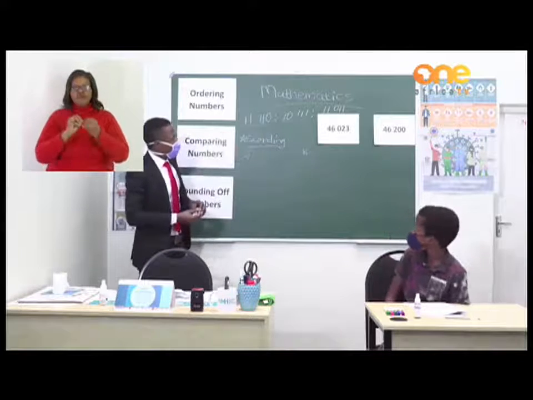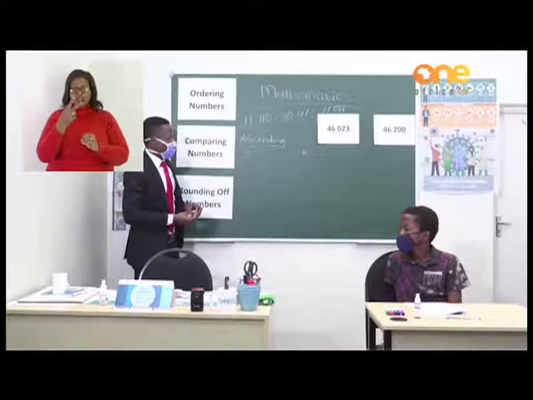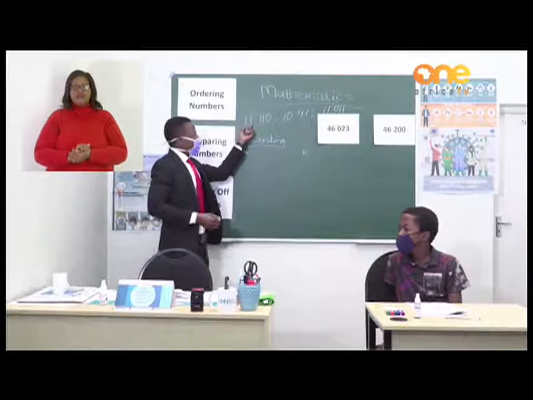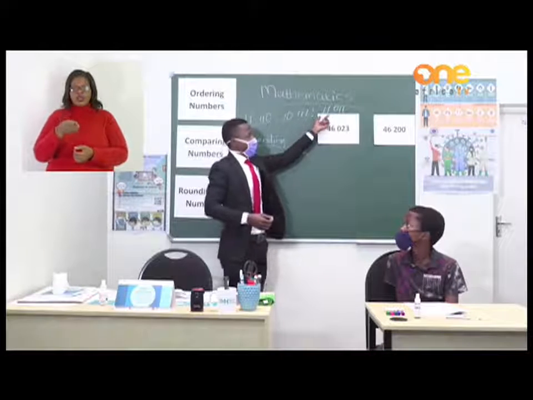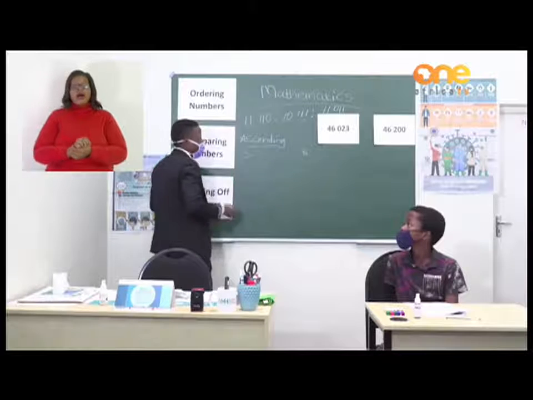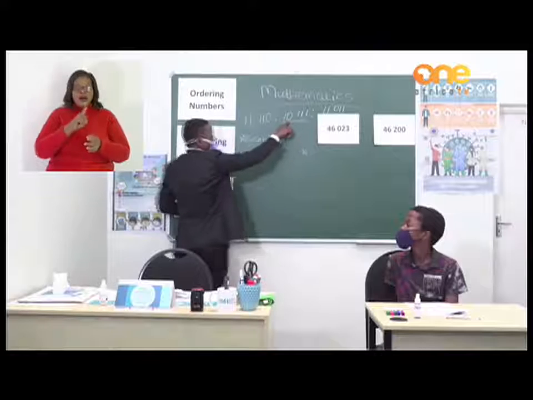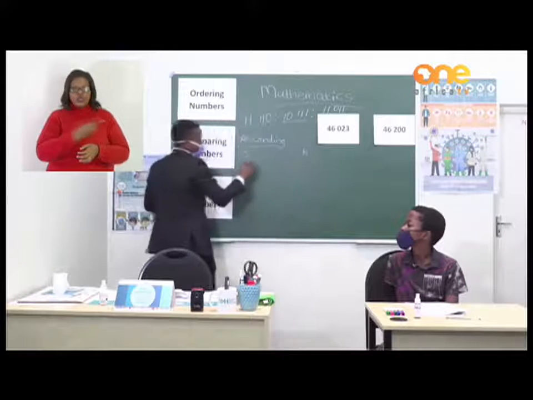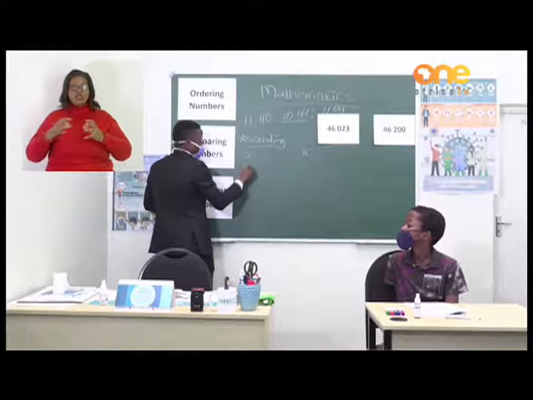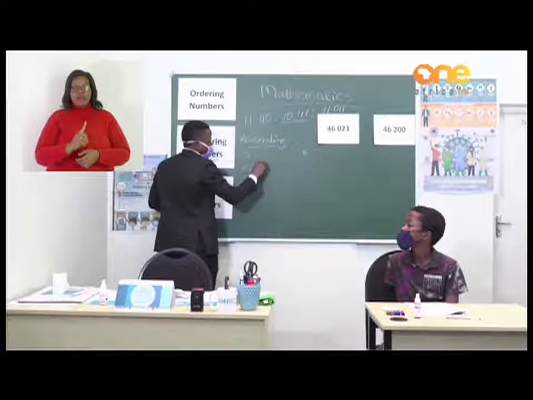Which number could you consider to be the smallest number? Here I'm having 11,000, I have 10,000, I have 11,000. So in that manner, I already know that this number, 10,000, is smaller than 11,000 and 11,000. So in that manner, I'll start with 10,111.